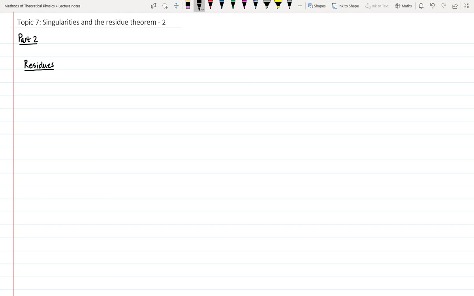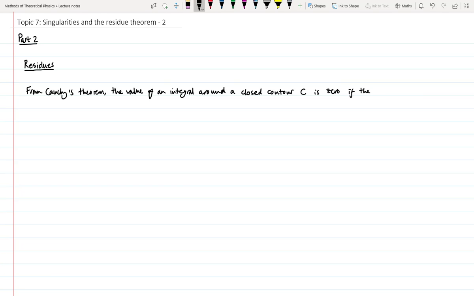I'm going to begin by reminding us what Cauchy's theorem said earlier in the course. From Cauchy's theorem, we know that the value of an integral around a closed contour C is 0 if the integrand is analytic on and within that contour.